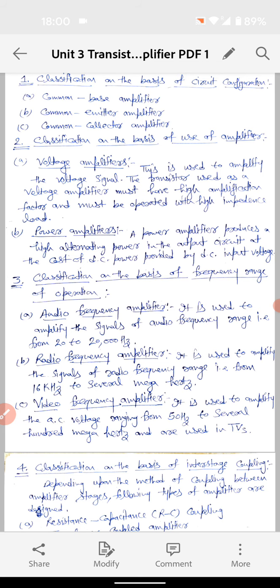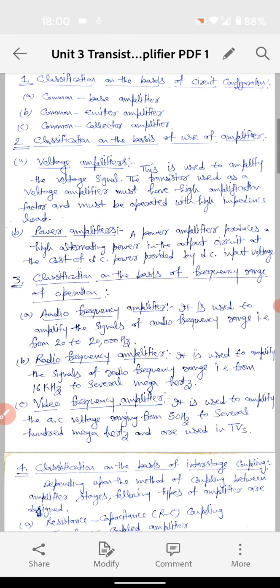When the output resistance is high, the corresponding voltage amplification has to be high. So if we are using that amplifier as a voltage amplifier, the necessary condition is that the output impedance has to be high.